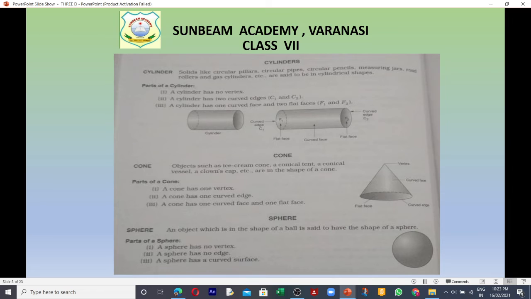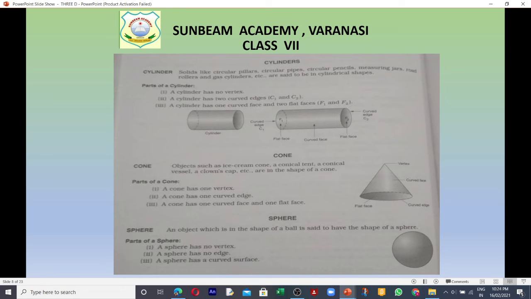Then we have cylinder. A cylinder has no vertex, children. A cylinder has 2 curved edges, 1 curved face and 2 flat faces. ठीक है? 2 flat faces top और bottom में.